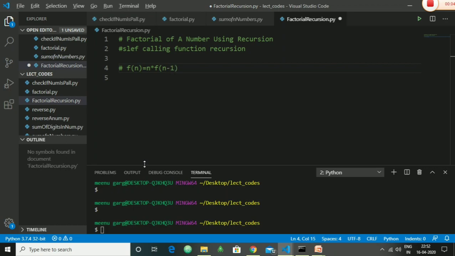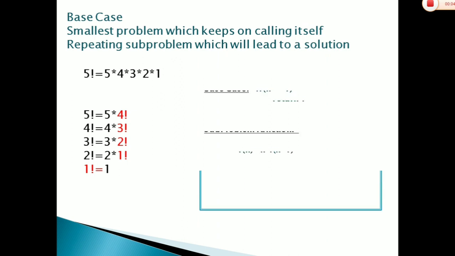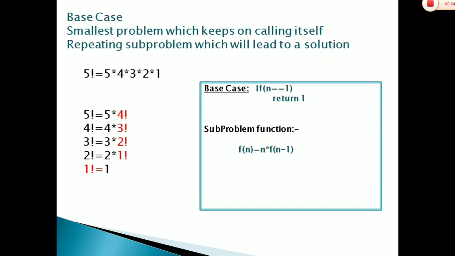See, it is the same as we are seeing over here that 5 factorial, which is a function of n, is n, 5, multiplied by f of n minus 1, 4 factorial. I hope you are getting it. Yeah, it's easy though. And the base case will be that if n is equal to 1, then we have to return 1. Are you getting my point?